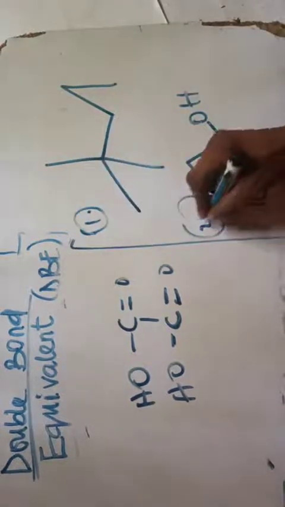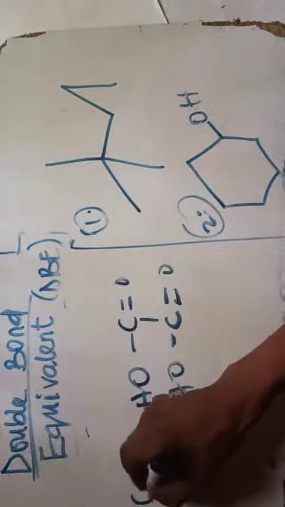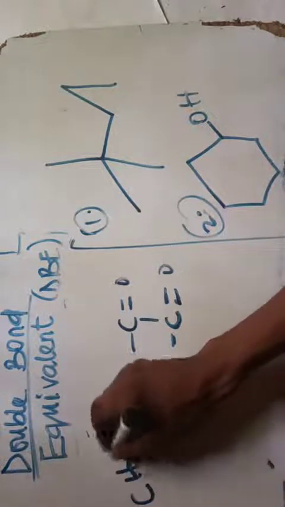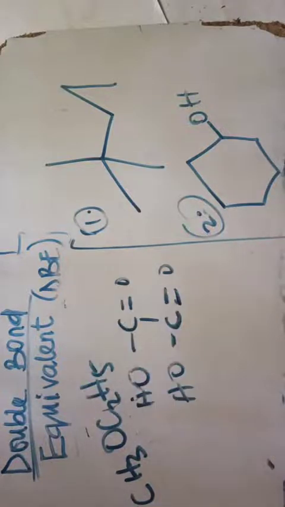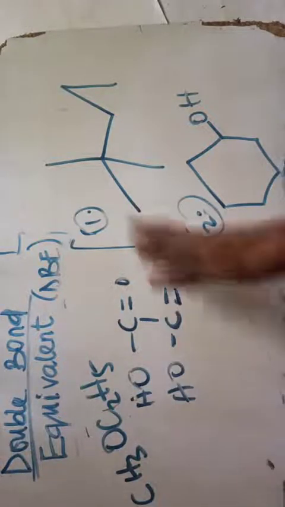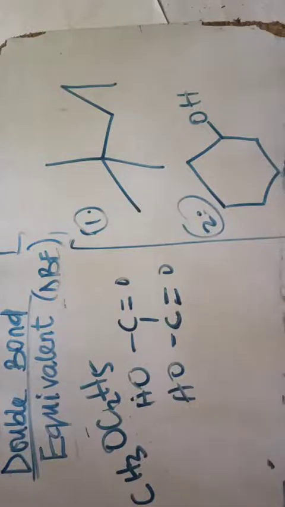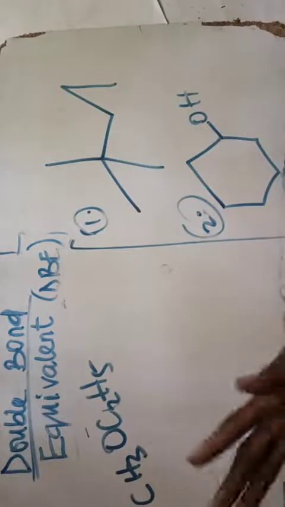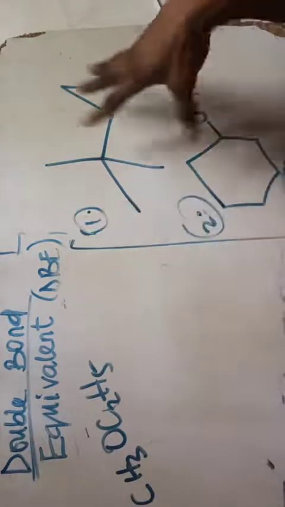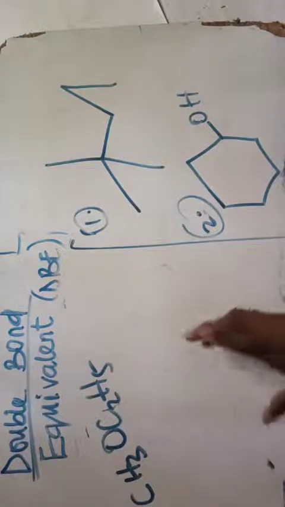Number 2, number 3, you can just drop, let's say, CH3 or C2H5. Okay, so calculate the double bond equivalent, and also name them, name this and write this out, draw this in the structure.